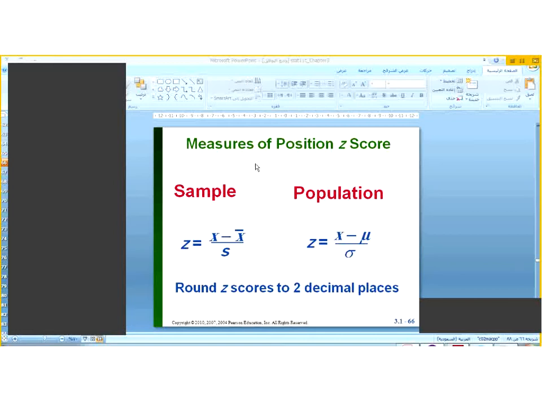What is the z-score for x equal to 14? Let's write it, x equals 14. Find the z-score. Anyone?